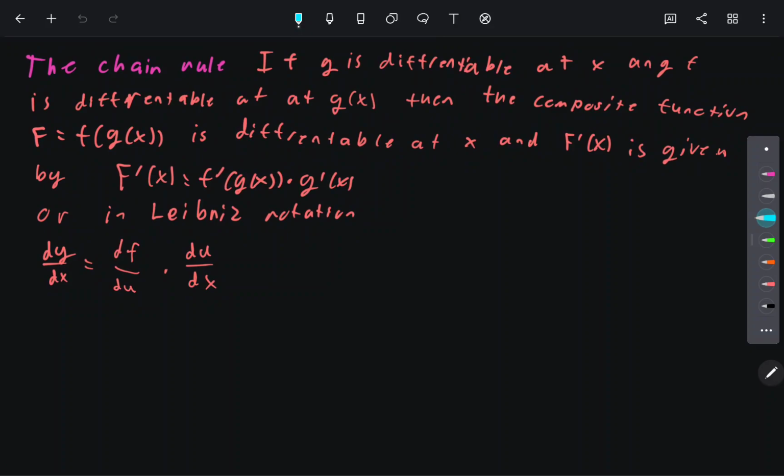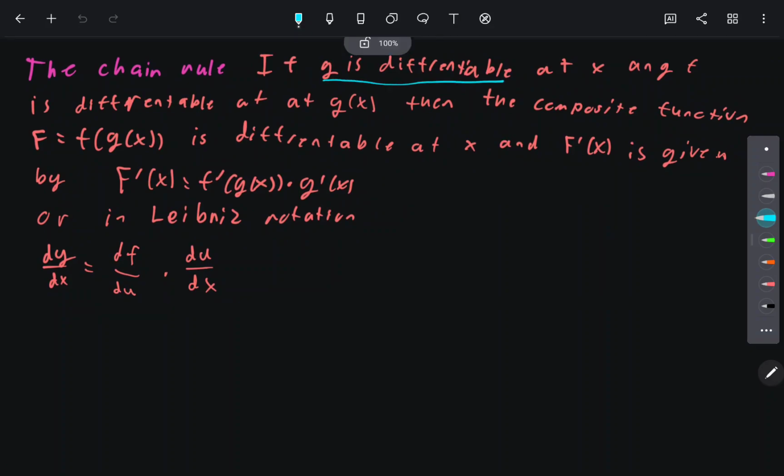And the chain rule goes: if g is differentiable at x and f is differentiable at g of x, then the composite function F, capital F, equal to f of g of x, is differentiable at x, and F prime is given by F prime of x equals the derivative of the outside at the inside times the derivative of the inside.